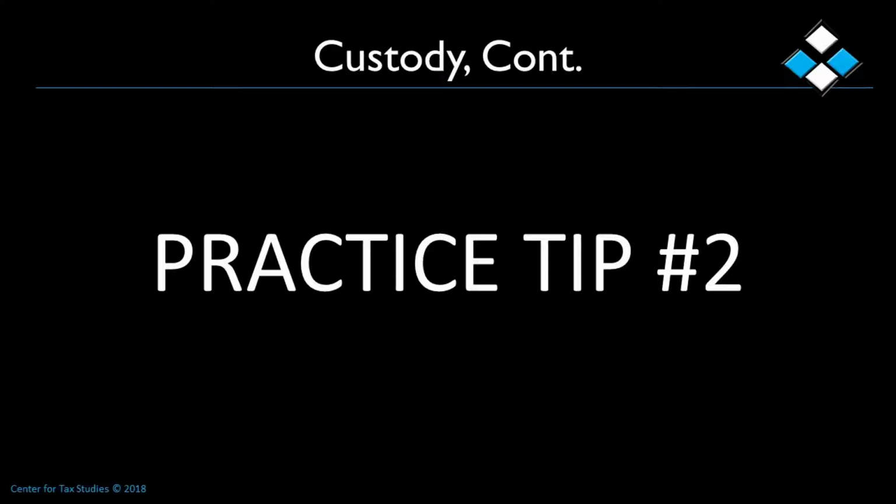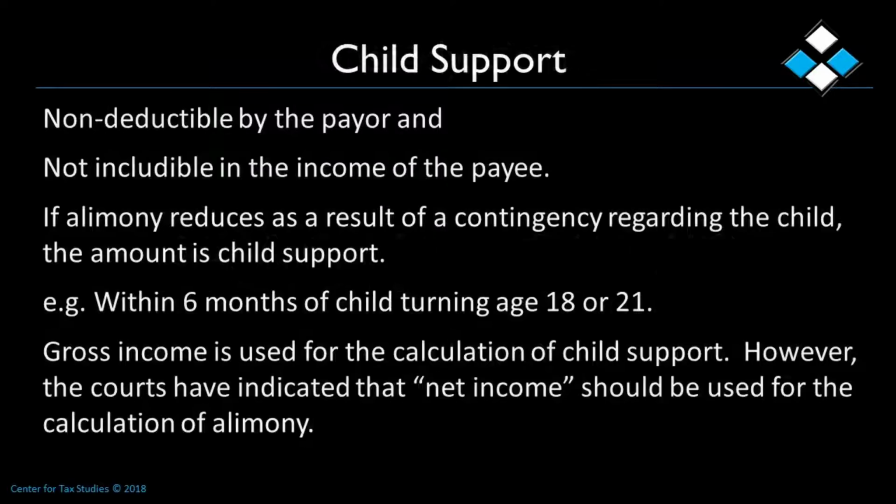And how this works is that at the beginning of the year, both parties calculate their tax that would be owed with and without the dependency exemption, and the husband then pays the difference to be able to take the dependency exemption, because typically the higher earning spouse will benefit more from the dependency exemption than a lower income spouse.